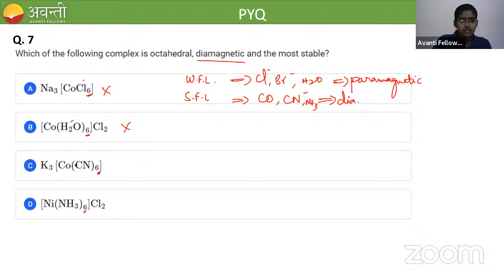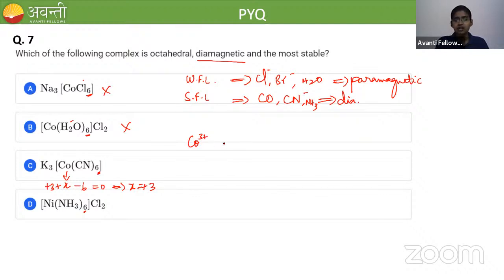So let me start with complex C. Let me take the oxidation number first. The oxidation number for cobalt here is +3, because potassium takes +3 and the ligands minus 6, equal to 0. So from this X is equal to +3, that is, cobalt is in the +3 oxidation state. The normal configuration of cobalt is 3d7 4s2.